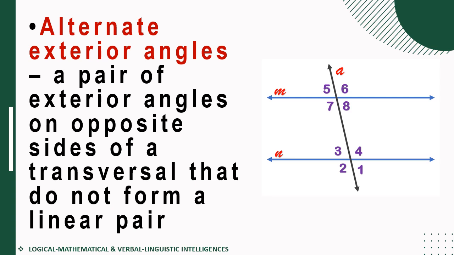For our example in this angle pair, alternate exterior angle, we do have angle 5 and angle 1. So we have here and this one. One more pair apart from this would be angle 2 and angle 6. Alright, so this one is alternate exterior angle.